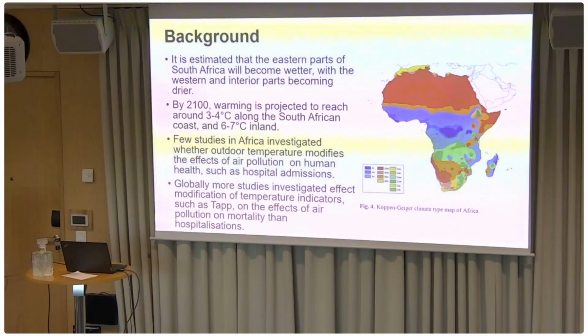Why we did this study: globally, fewer studies looked at this temperature effect modification on hospital admissions. Most studies look globally at mortality. So there's actually a research gap in all the countries to do studies using hospital admissions and not just mortality. And of course, in Africa, few studies looked at this at all.